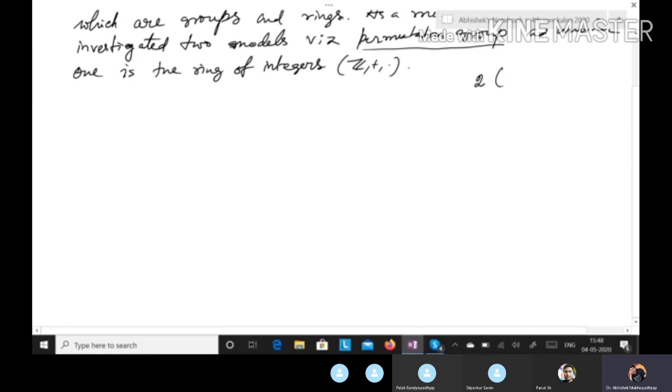So this multiplication has a special feature in this algebraic system, and you need to consider such systems along with this set of points.